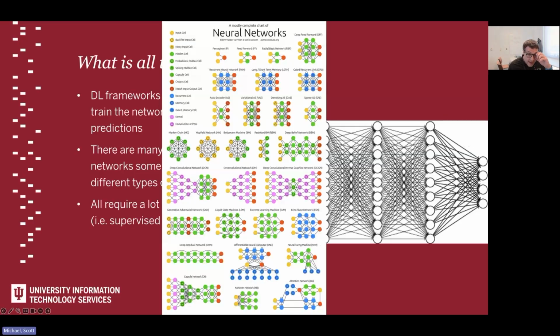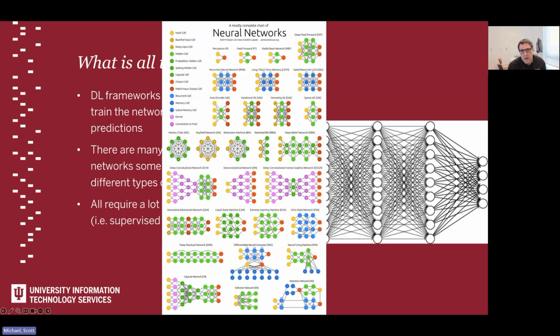This is just, as of a few years ago, a sampling of many different types of network architectures. And LLMs use something called a transformer architecture.